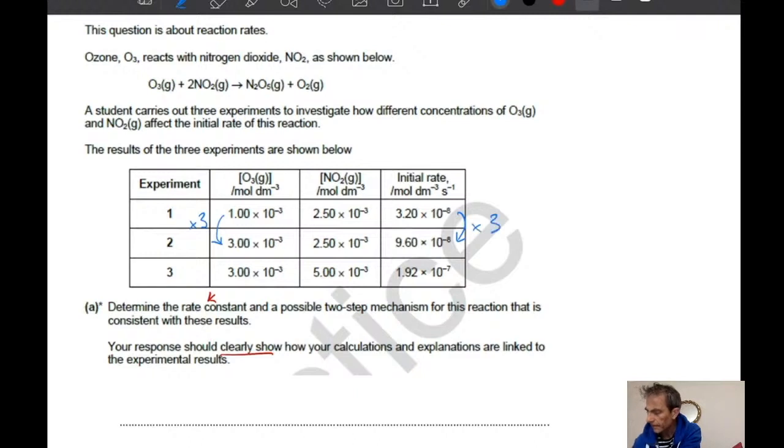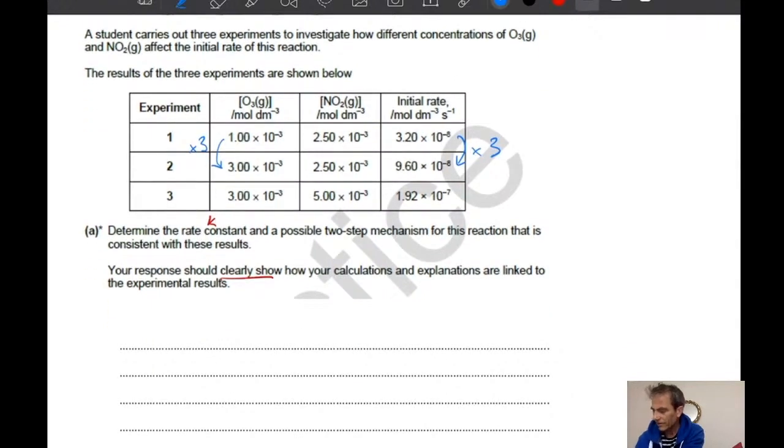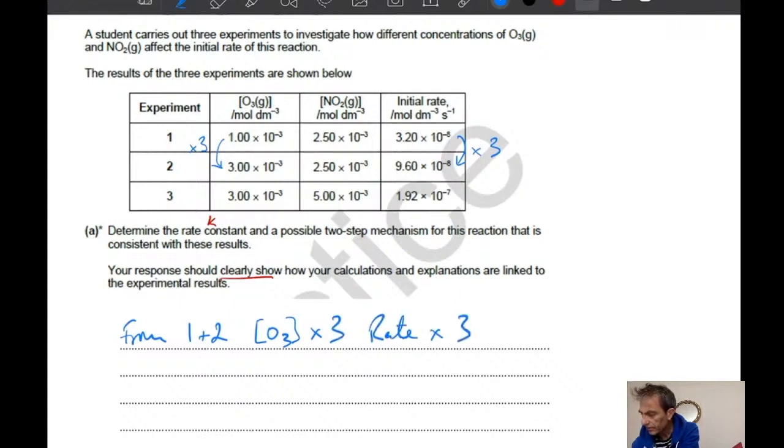Okay, so you could argue that that's not particularly clear. So what I'm going to say is from 1 and 2, the O3 concentration times 3, rate times 3. So I'm just putting my annotations in the table into words.